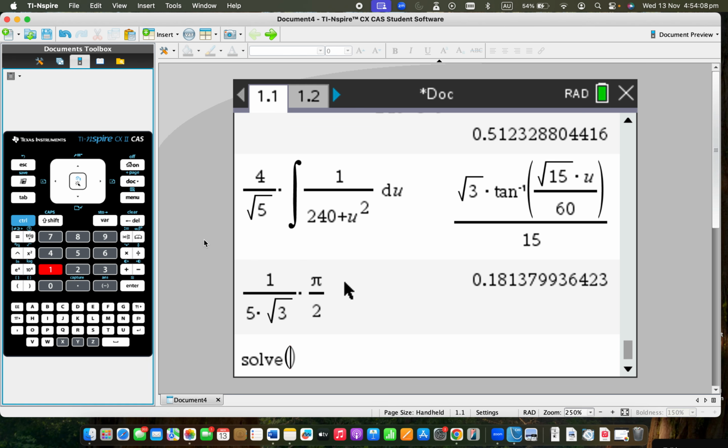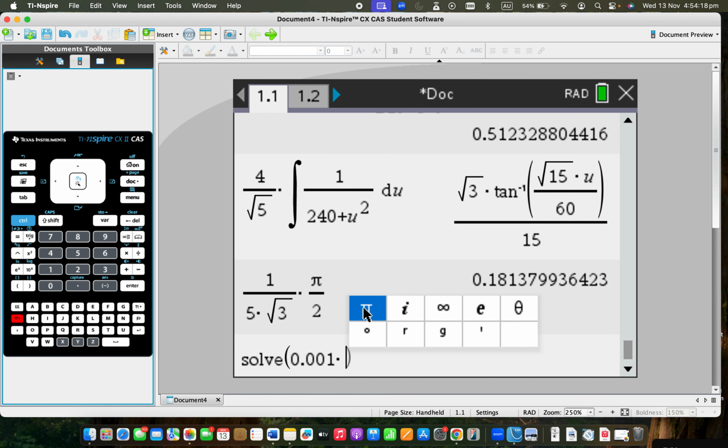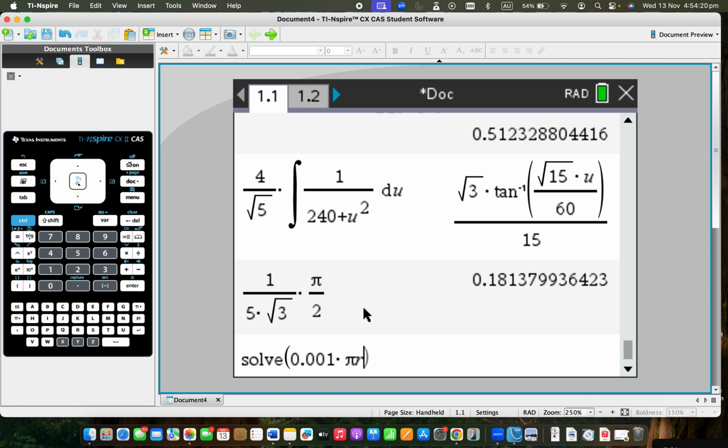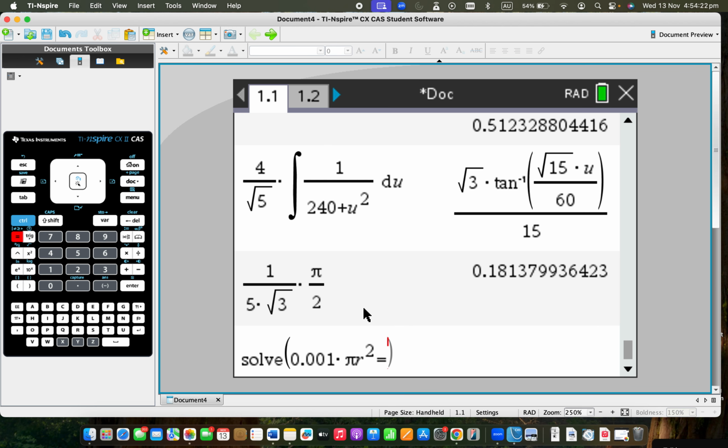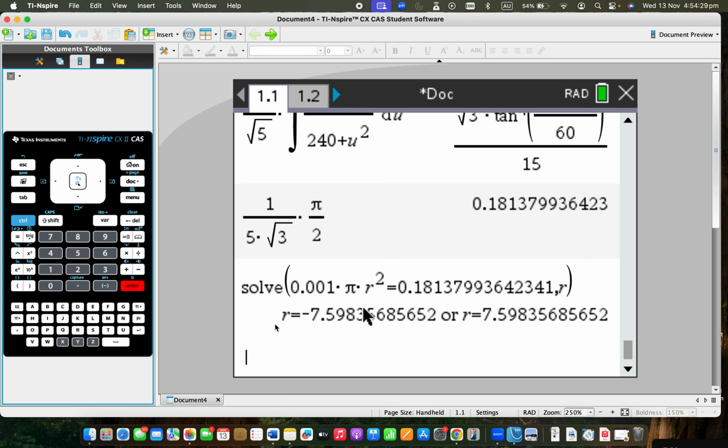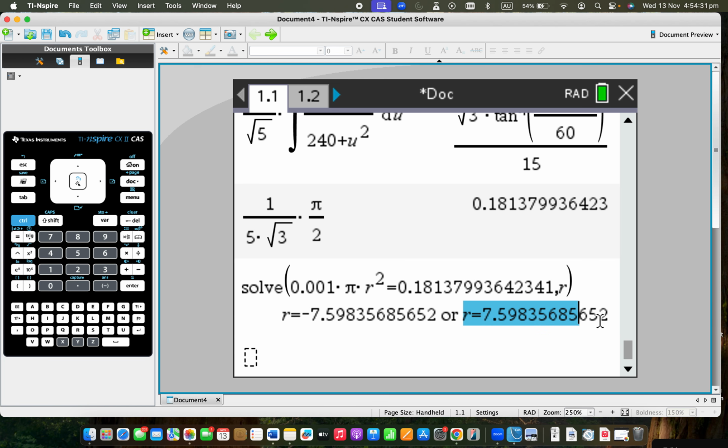So we can solve, remember the radius, so it was 0.001 times pi r squared is equal to that, so r. Okay, so the radius goes to that.